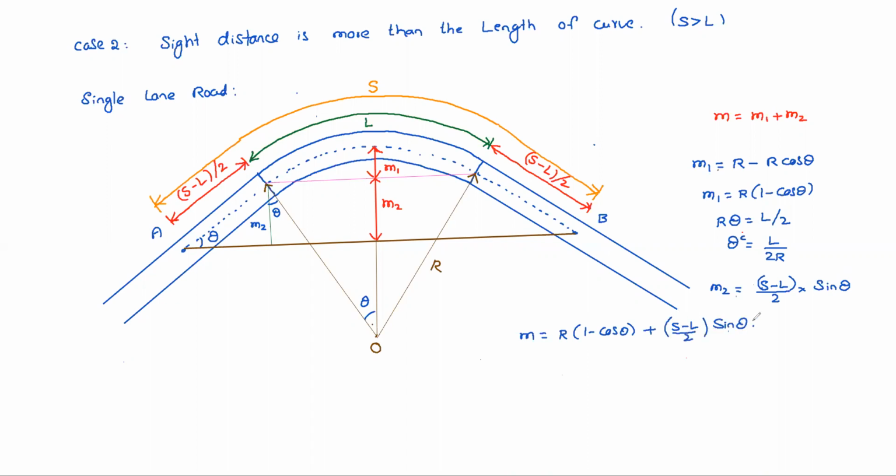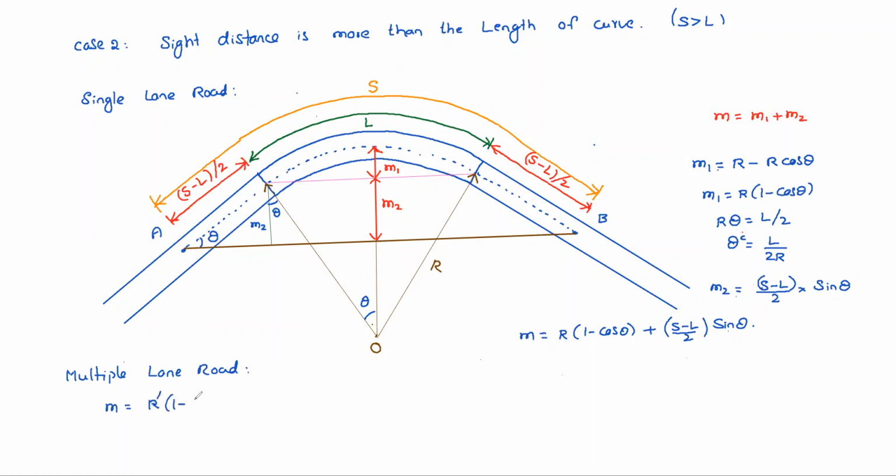Okay. I will explain the multiple lane road also. Multiple lane road. Formula is same. Only M equal to, in place of R, R dash will be there.